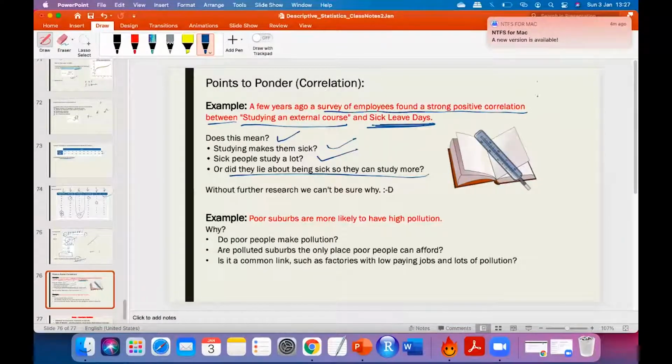Let's say there is a variable called study for external course. For example, all of you have decided to go for a data science course. And another variable is the sick leave you have taken in your companies. People have seen that there is a positive correlation in these two variables. So does that mean that people who are studying an external course are falling more sick?